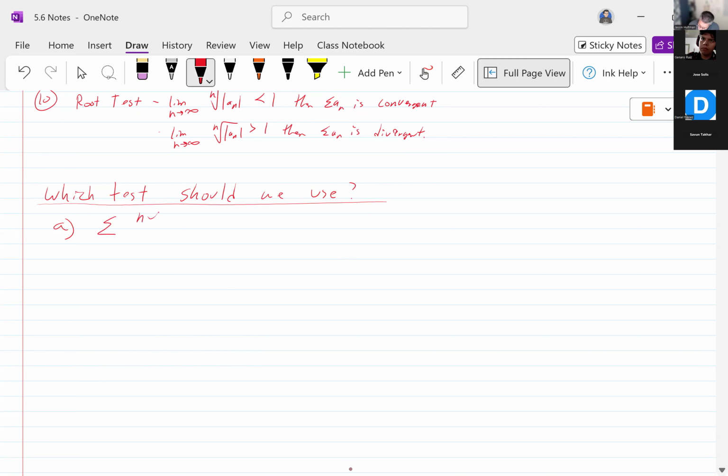Let's do the summation from n equals 1 to infinity of (n minus 1) over (2n plus 1). Which test should we use here? Any ideas? Which test should we use to show whether or not this is convergent or divergent?